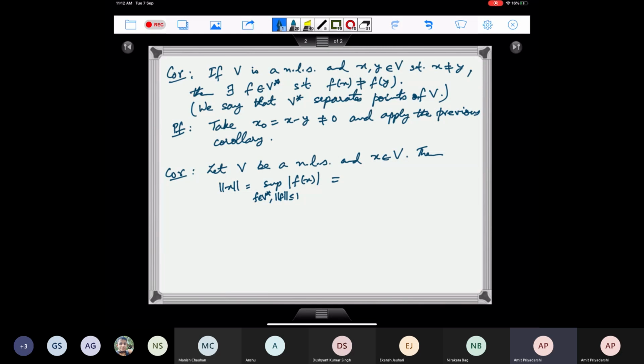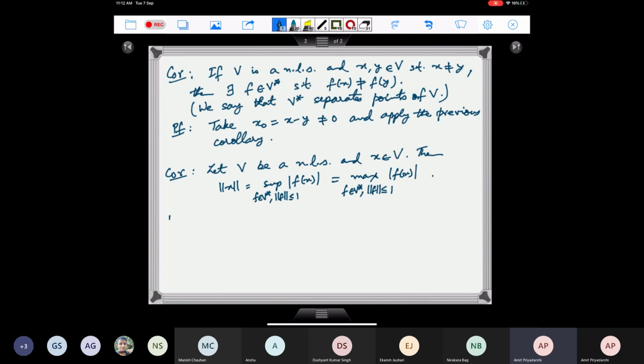And this is in fact equal to the maximum of mod fx, where f is in V star, norm f less than or equal to 1. So we have to show that norm x is equal to the supremum, and the supremum is in fact attained, so that it is equal to the maximum.